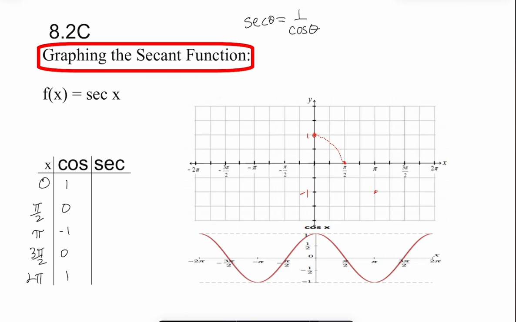Then -1, back to 0, making a full bottom bump. And then a half a bump at the top. So remember, that's what our cosine parent function looks like. So I'm just going to complete the graph for my cosine. And I made it dashed because that's not what we're graphing. But this one is really awesome as to how it's going to tell us what a secant graph looks like.